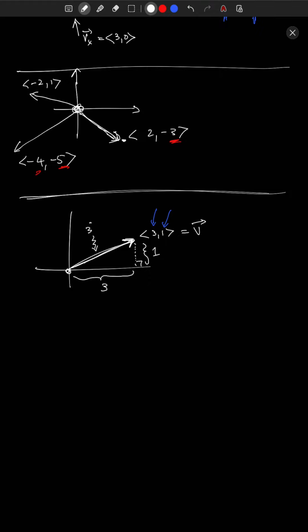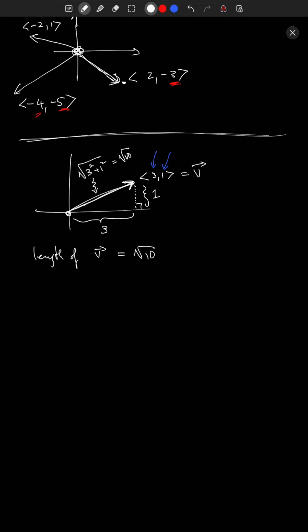It's the square root of 3 squared plus 1 squared, which in this case is square root 10. So in this example, the length of v is equal to square root 10. The point here is if I give you a vector 4, comma 10, you can always figure out its length.